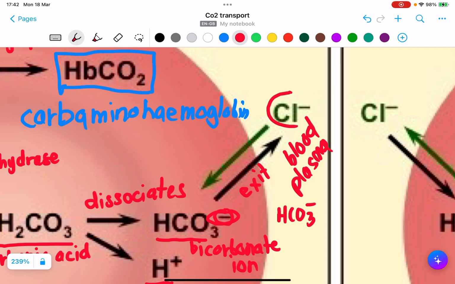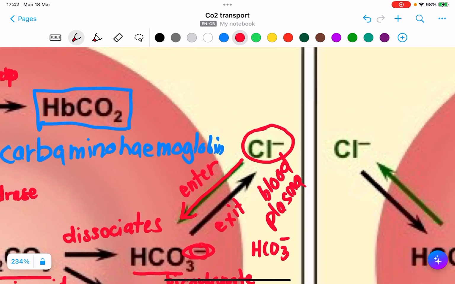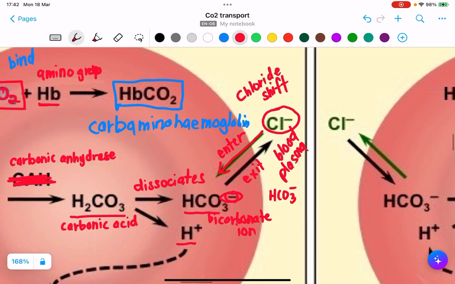Jadi chloride ion Cl- yang memang ada dalam blood plasma daripada garam, daripada makanan, akan enter the red blood cell. Proses chloride ion masuk kita panggil chloride shift. Okay, shift. Sebab dia tukar dengan bicarbonate ion yang keluar tadi.